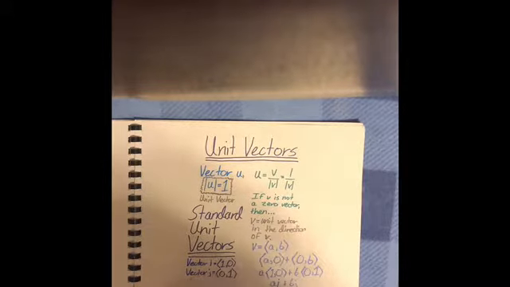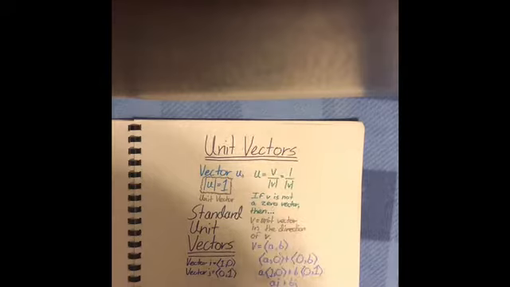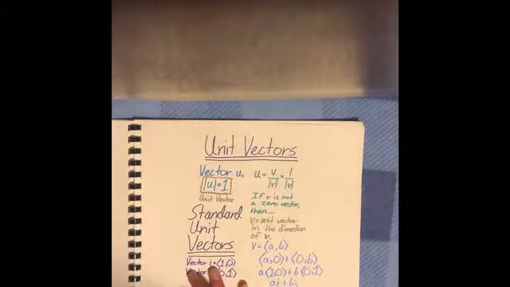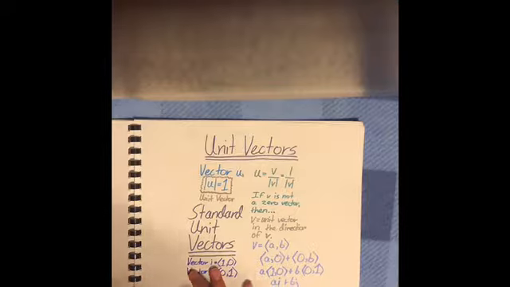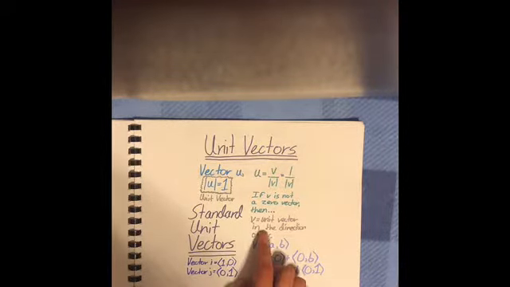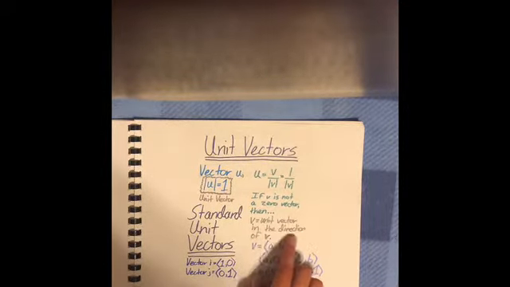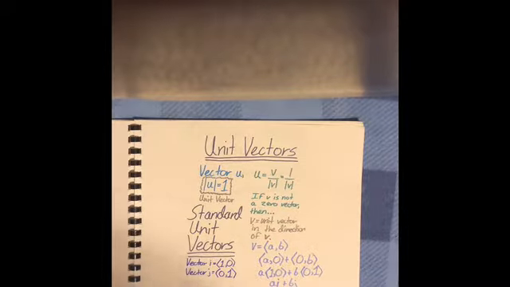So if v is not a zero vector, then u is the unit vector in the direction of v.